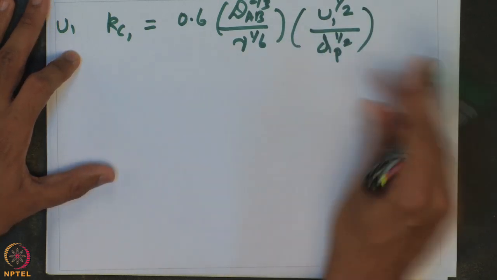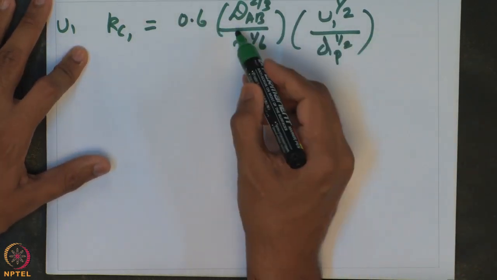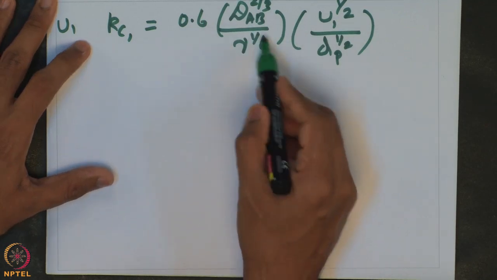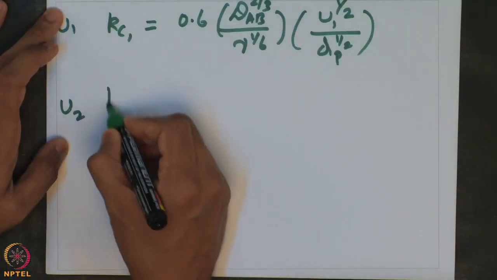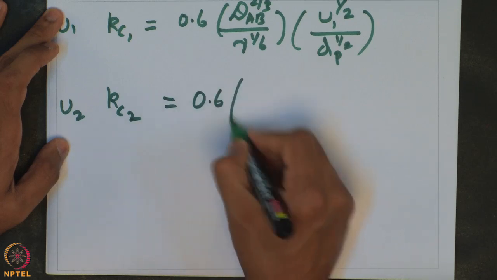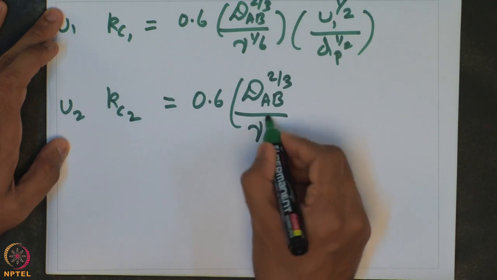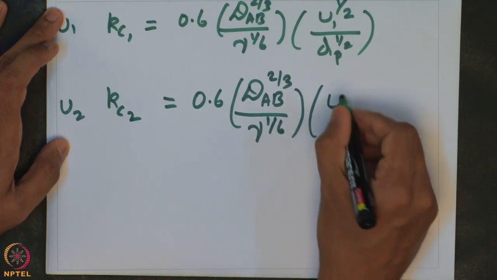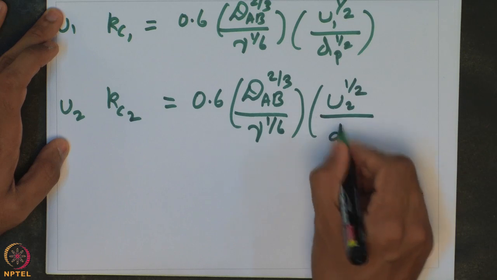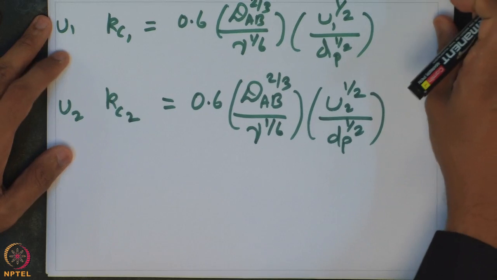If I now increase the velocity while keeping all other properties constant, such as the diffusivity, the kinematic viscosity or the particle diameter, I can calculate the mass transport coefficient at another velocity u2, which is given by 0.6 into dAb to the power of 2 by 3 divided by nu to the power of 1 by 6 into u2 to the power of half divided by dP to the power of half.